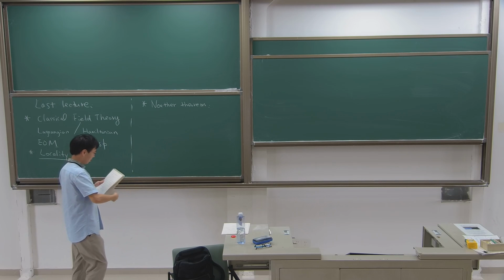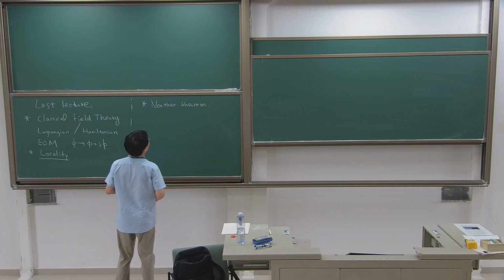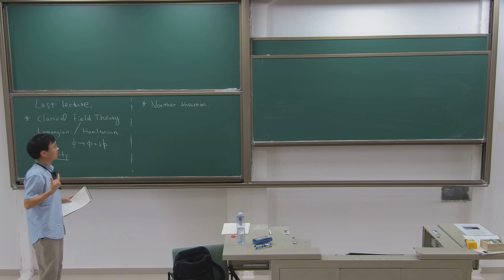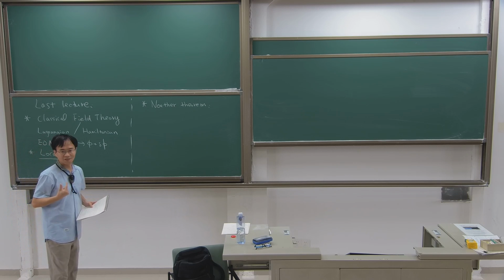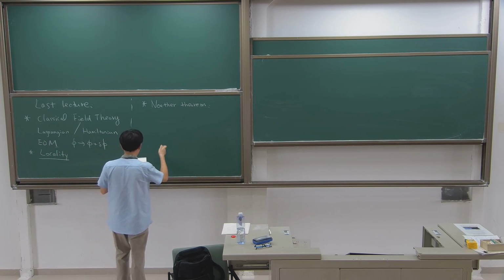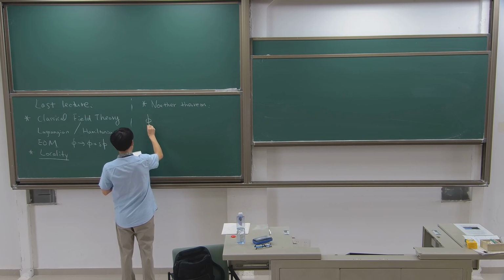As we saw last time, both the symmetry transformation and the conserved current can be expressed in a very general form.